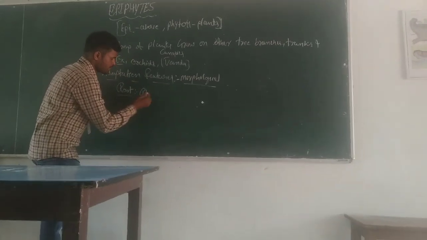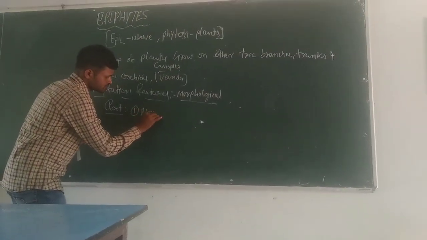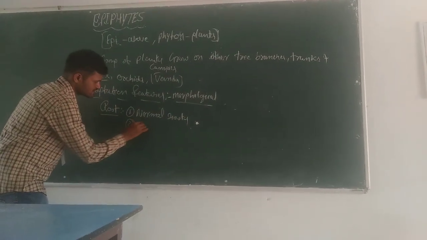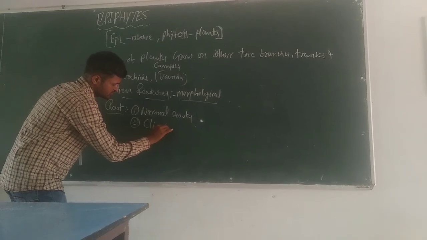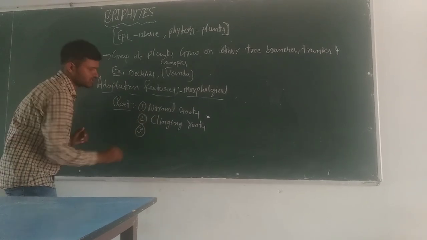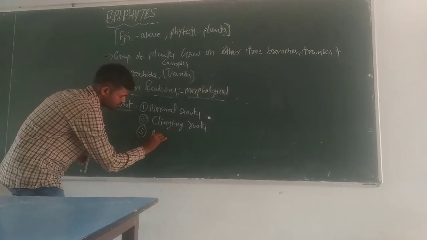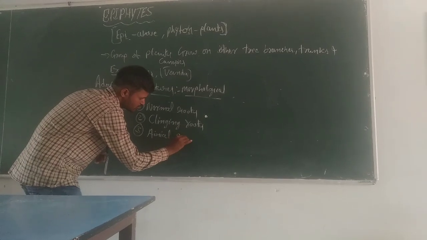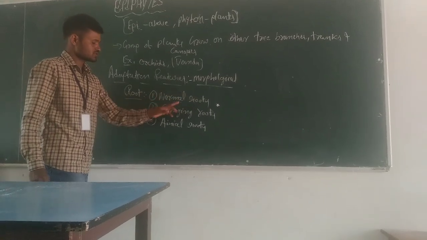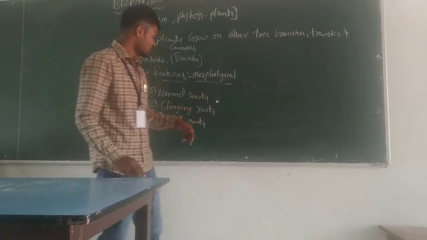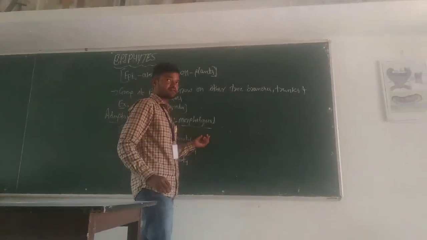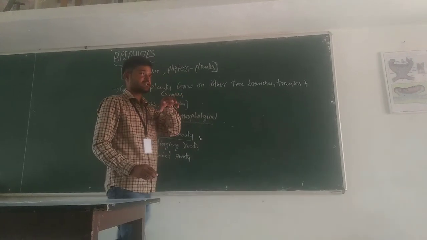First one is normal roots, second one is clinging roots, and third one is aerial roots. In normal roots of epiphytes, these roots hold the branches.